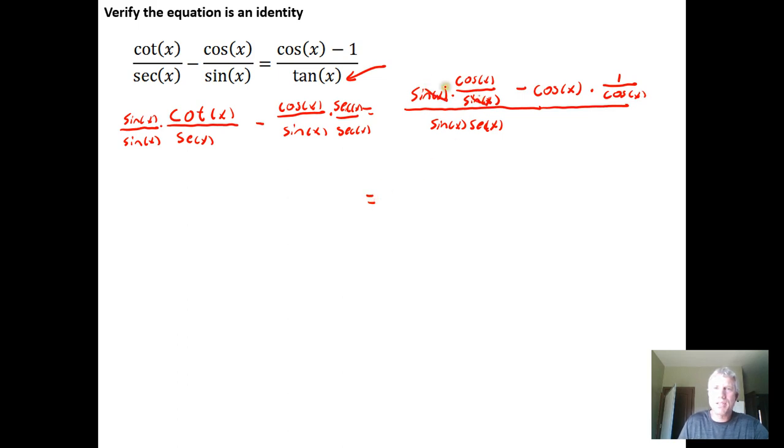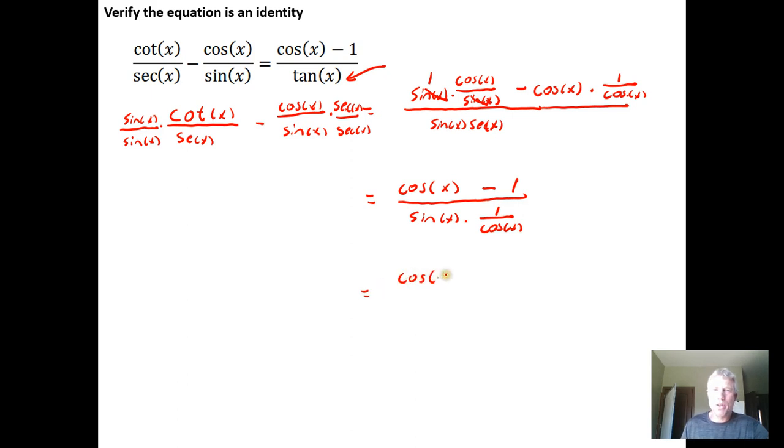Sine divided by sine is 1. 1 times cosine is cosine x. And we have minus cosine divided by cosine is 1. Cosine x minus 1. And our denominator is the sine of x times the secant. But the secant is just 1 over the cosine.